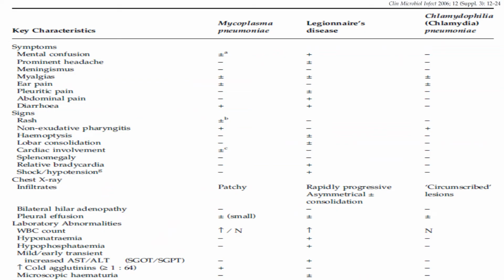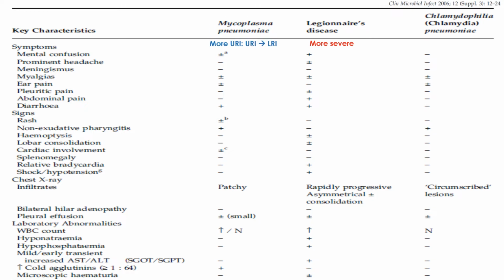Okay, now we will talk about the symptoms and signs we use to differentiate the three common organisms that cause atypical pneumonia: Mycoplasma, Legionnaires, and Chlamydia pneumoniae. Among these, Legionnaires disease can cause more severe illness compared with the others.